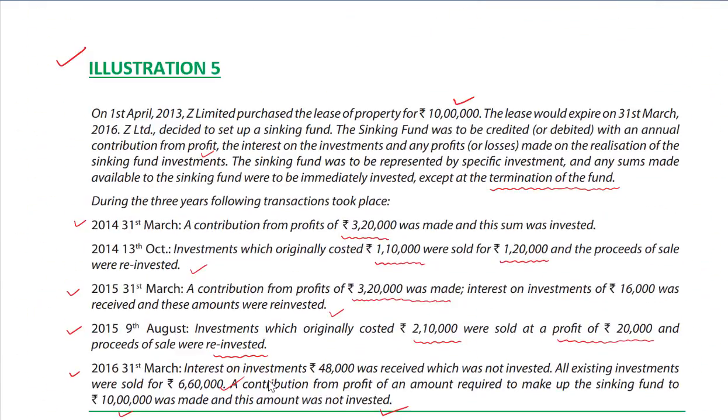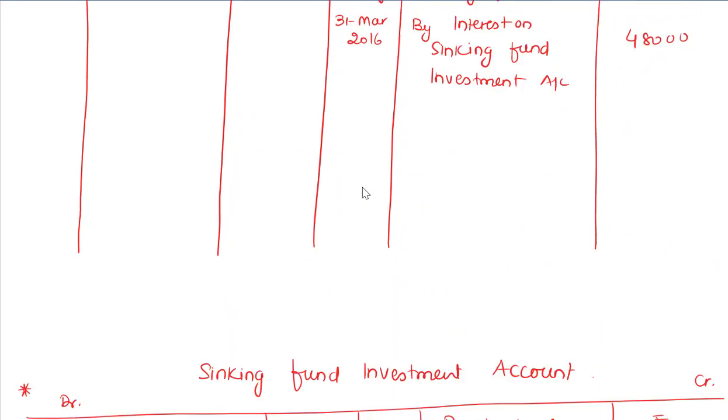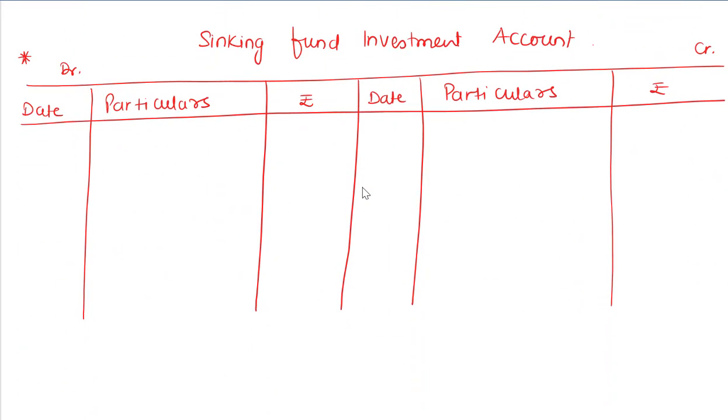So in the first year, that is 2014, the investment is made, that is 3,20,000, that is of depreciation amount. An investment is made, that is of depreciation amount, to bank account 3,20,000.